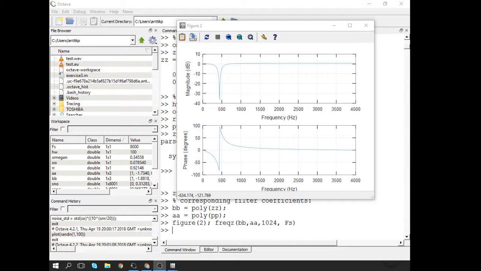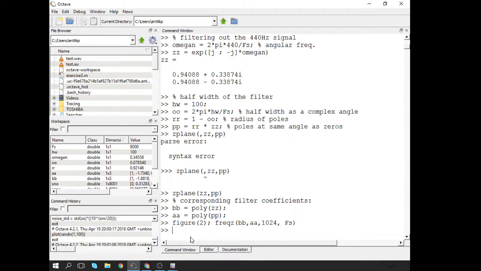Okay, so now next part would be, well, let's try filtering. So filter, why it doesn't work? Maybe because I wasn't on the right window then. There.